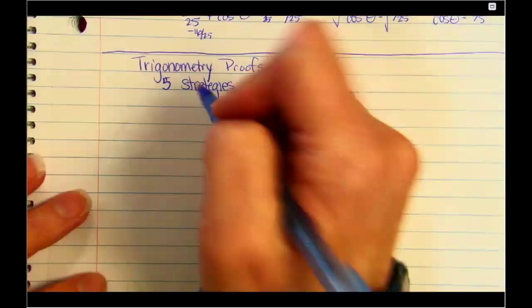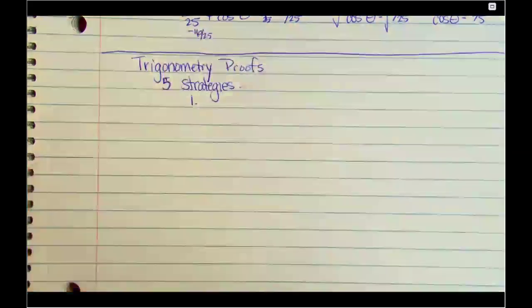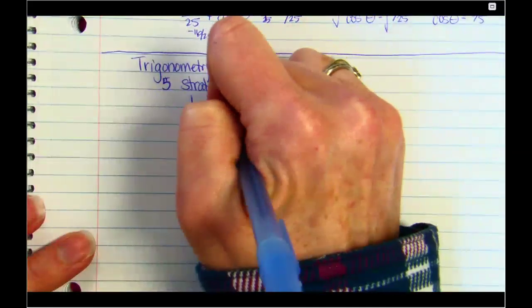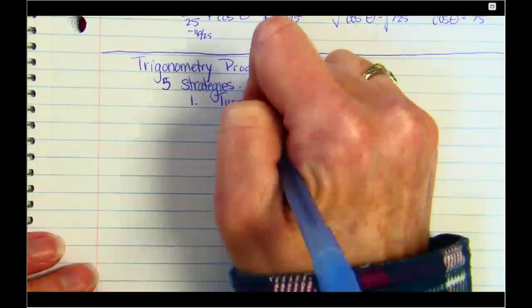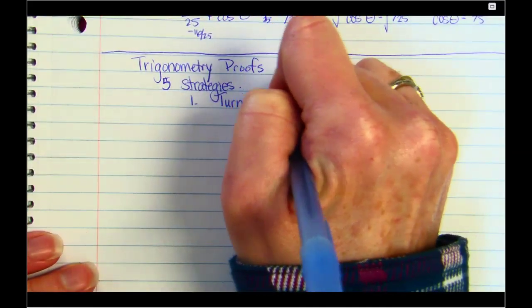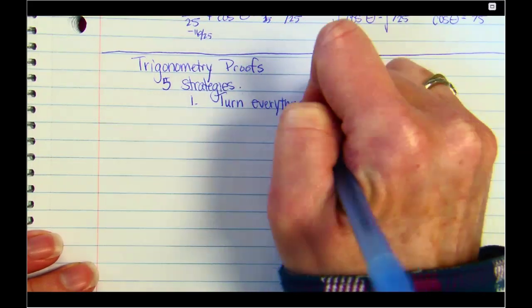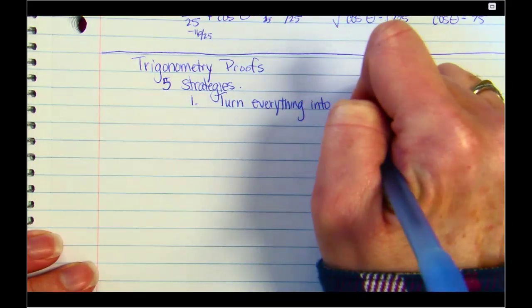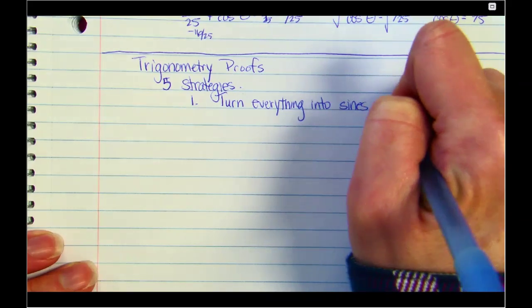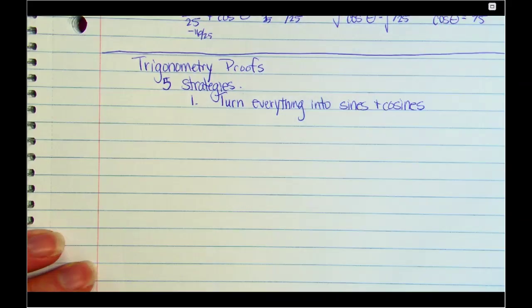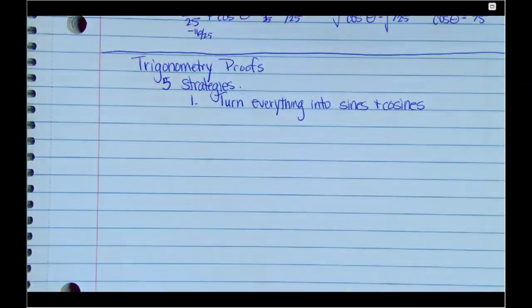The first strategy is to turn everything into sines and cosines. Let me give you a second to write that down.